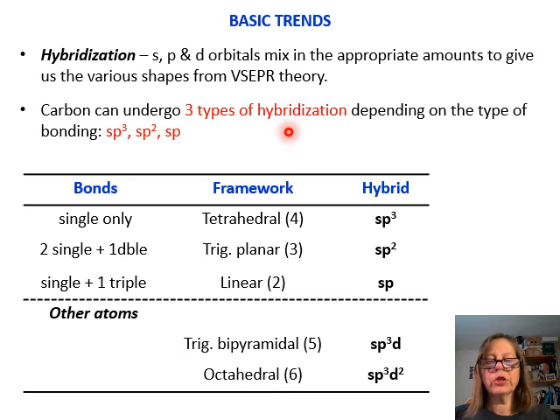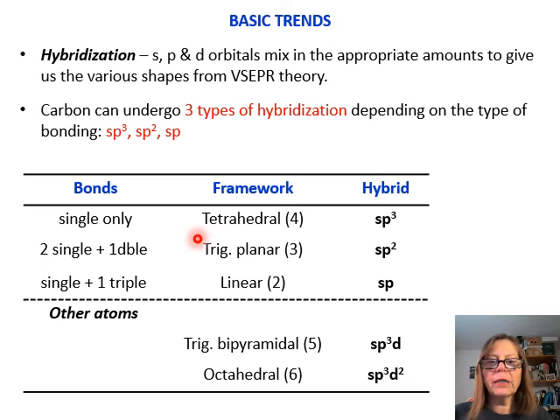So hybridization provides the explanation for the geometry of molecules when atoms, if you remember, individually have atomic orbitals of various shapes. The s, p, and d orbitals mix in the appropriate amounts to give the various shapes deduced from the VSEPR theory. Carbon makes a maximum of 4 bonds, so it can be sp3, sp2, or sp hybridized.